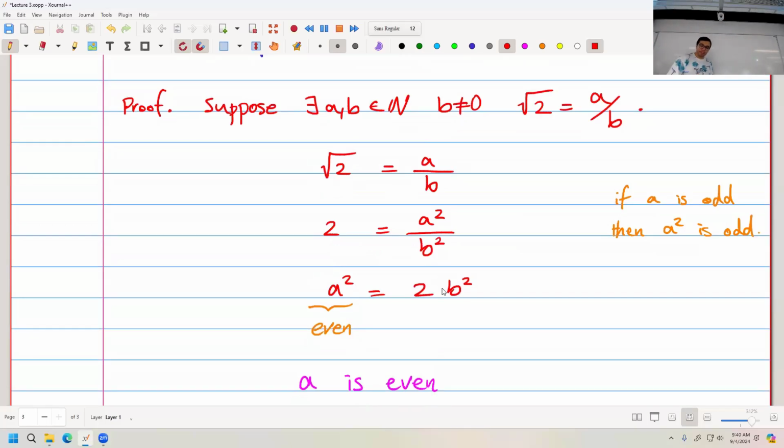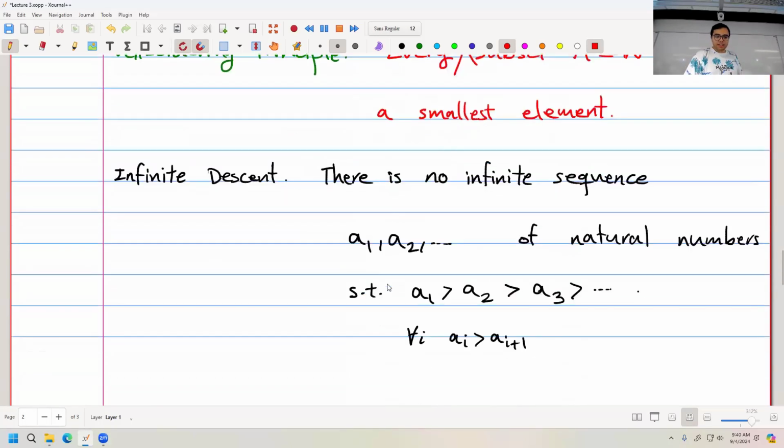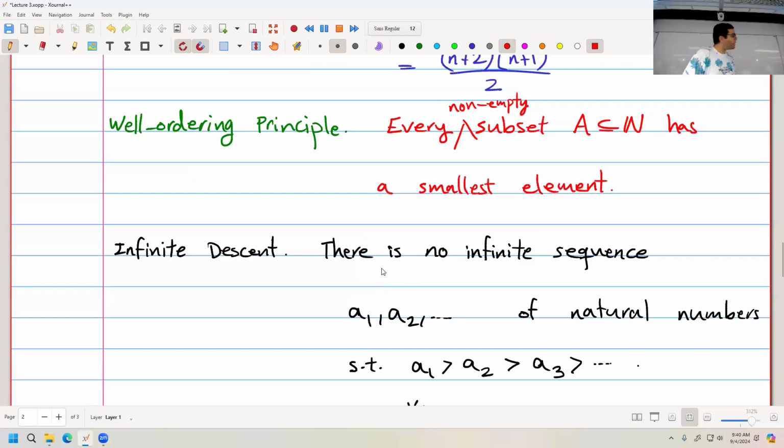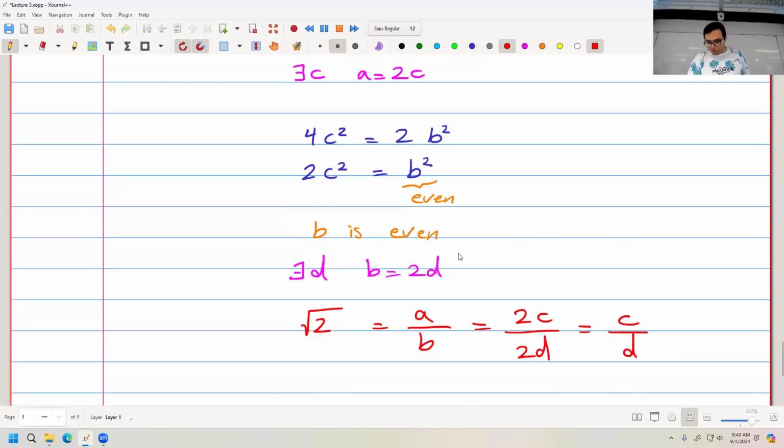Now, this is one proof, but let's do the same proof using the well-ordering principle. Oh, and by the way, here I'm actually getting 2 infinite decreasing sequences of natural numbers, right? Because I can also look at the denominator, and the denominator is also always being divided by 2.